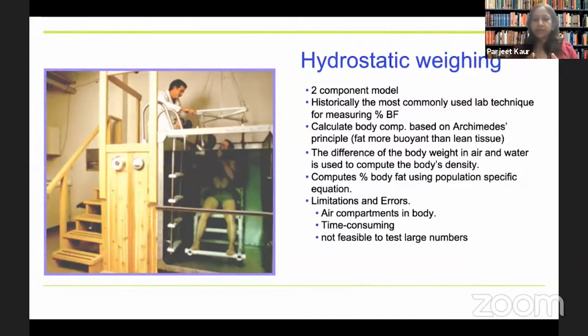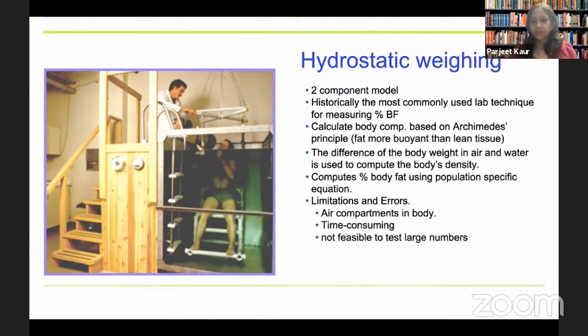So the difference of the body weight outside the water and in the water gives the body density. And from this body density, we compute the body percentage fat using a population-specific equation.